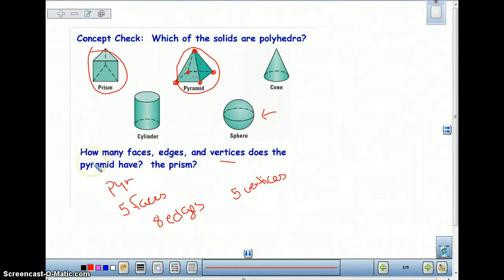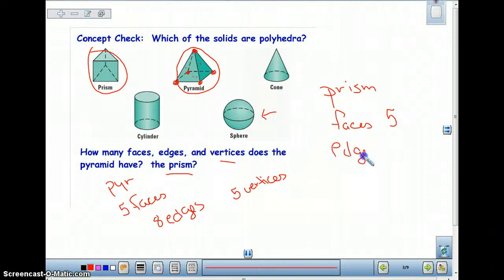Okay, and then it asks us about the prism, so we have to check out the prism too. I'm going to do the prism over here. As far as faces go, we are looking at 1, 2, and 3 squares that go around it, plus 2 triangles, so that gives us 5 faces.